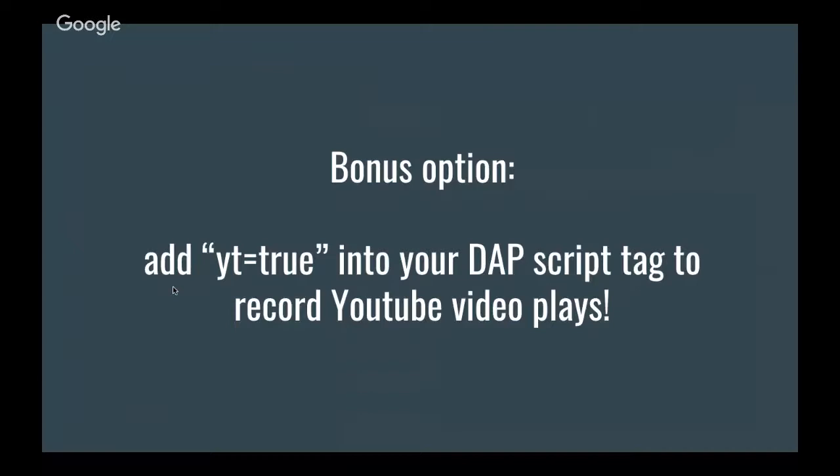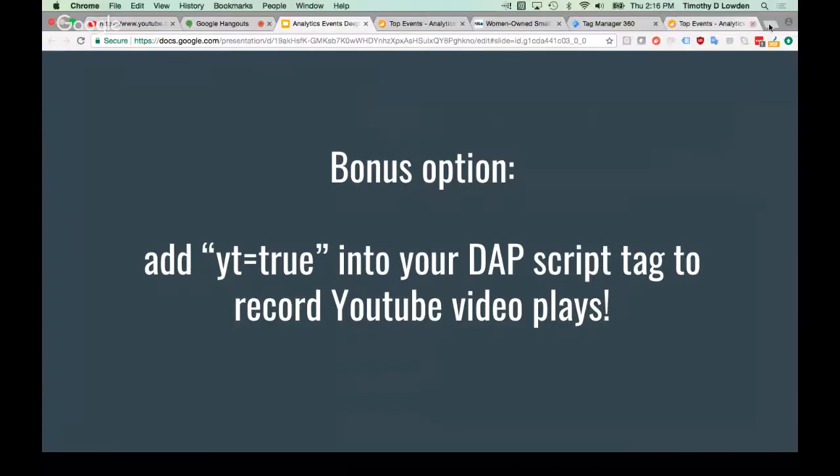The reason it's an option is because not all sites have YouTube videos embedded into their pages. And when you turn this option on, upon a page load, there's a ping to the YouTube API. So it's really only something you want to do if you have YouTube videos. If you host YouTube videos, you can add that little parameter to your DAP script tag, and folks probably want to know what I mean by that.